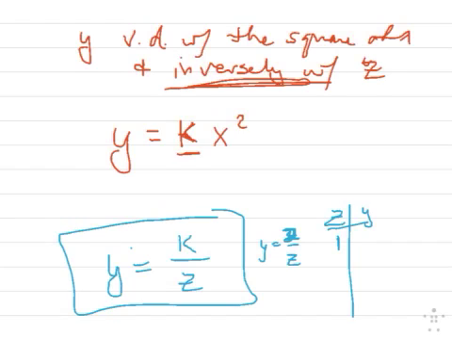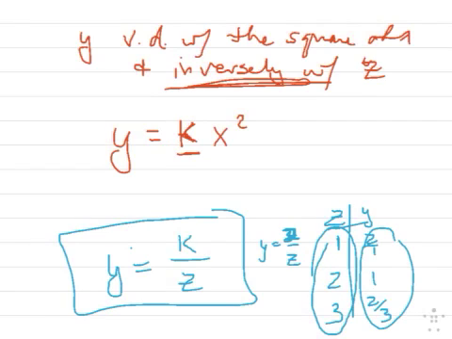If z is 1, y is 2 over 1, which is 2. If z is 2, y is 2 over 2, which is 1. If z is 3, y is 2 over 3. What's happening? As z is getting bigger, y is getting smaller. So that's an inverse variation.